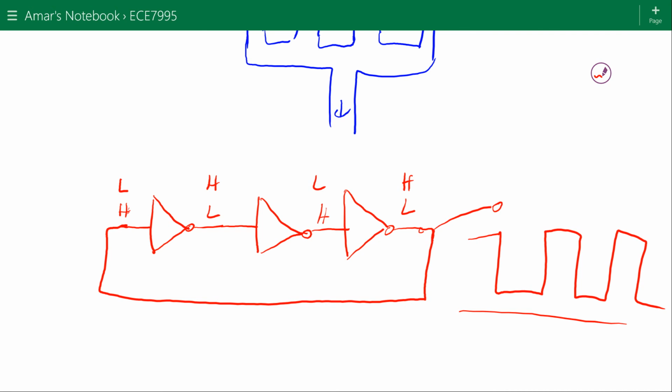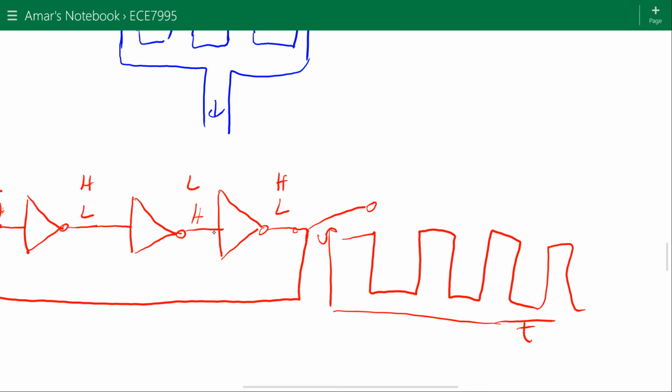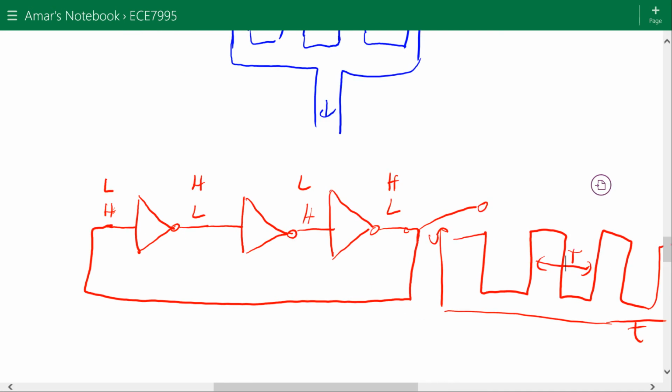So this would be time on the x-axis, and then the voltage output on the y-axis. It'll just go high to low over time. And the frequency, or the period, t, between the oscillations depends on the propagation delay through the inverter and the number of inverter elements that you have.